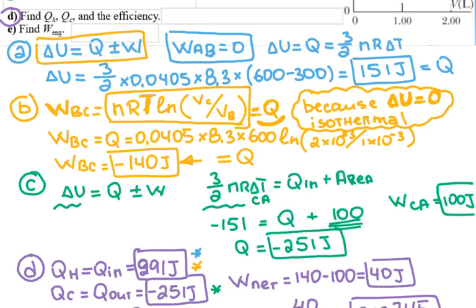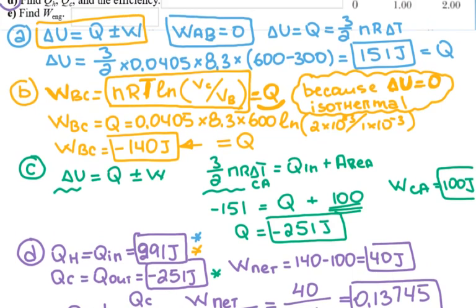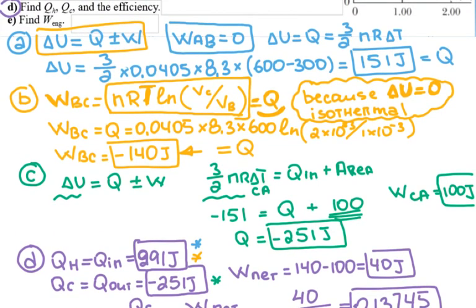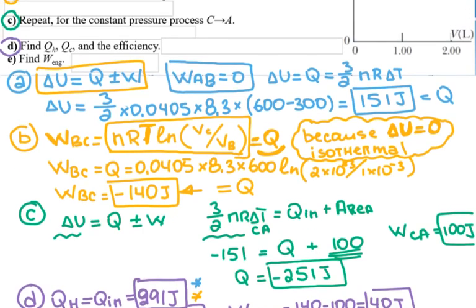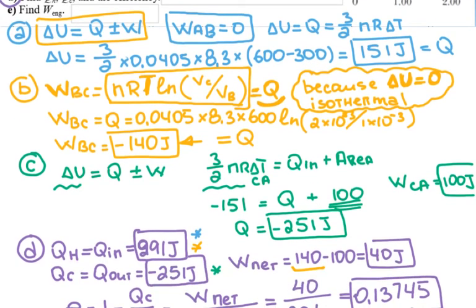And the net work is equal to, in BC I have the work on the environment is 140, and in CA I have the work on the gas is negative 100.